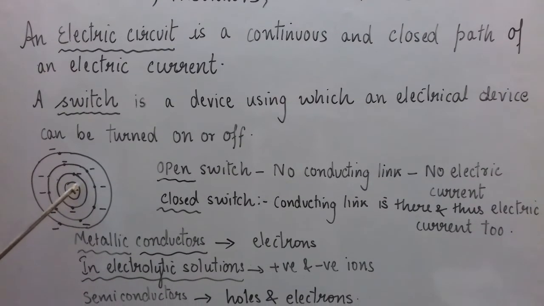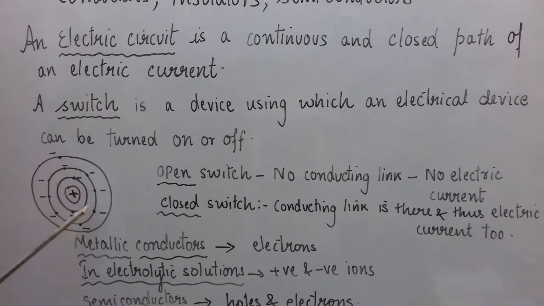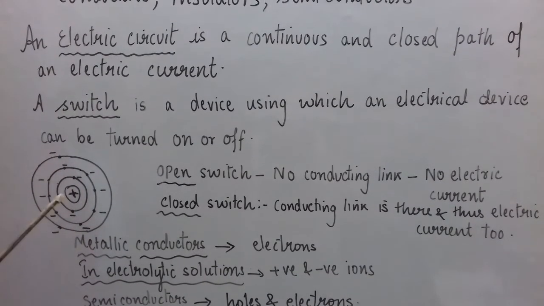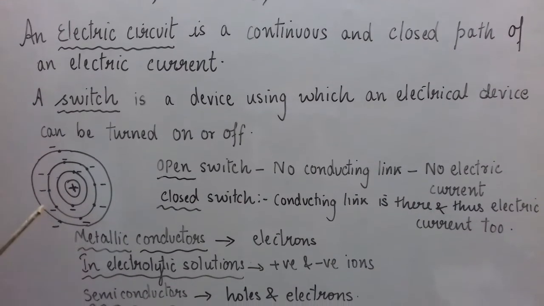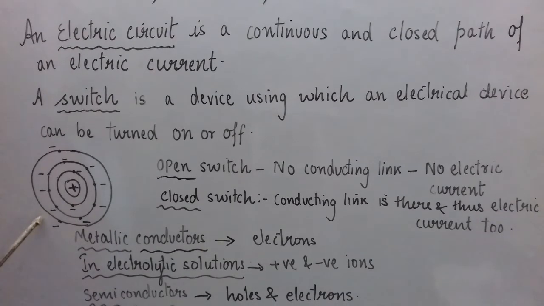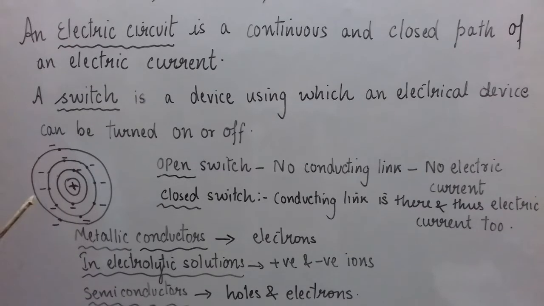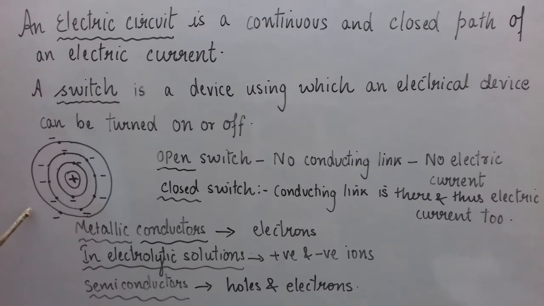And there are negatively charged electrons which revolve around the nucleus in different orbits. You know the number of protons is equal to the number of electrons in an atom, and hence the atom is electrically neutral because the total charge of an atom is 0 coulomb. Okay, because you should say the unit also when you say charge.